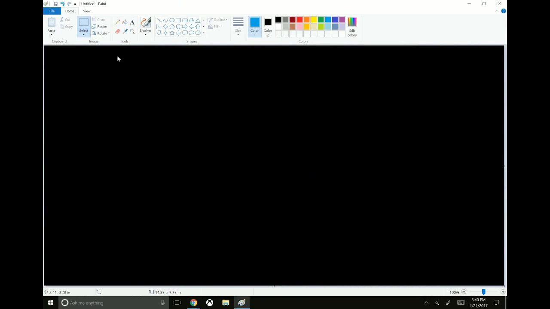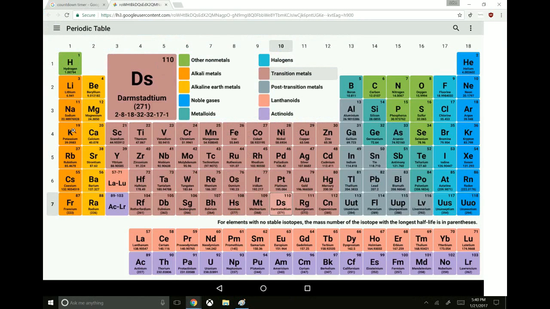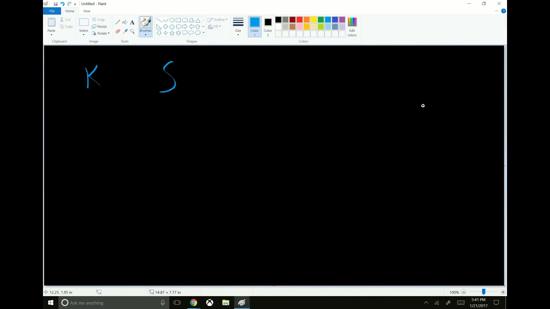Okay, so here we have potassium, here we have sulfur. First, you need to know what ions they are. Potassium forms a 1+, because it's over here in the first column. Sulfur is 2 steps away from argon, so it forms a 2-. So 1+, 2-.